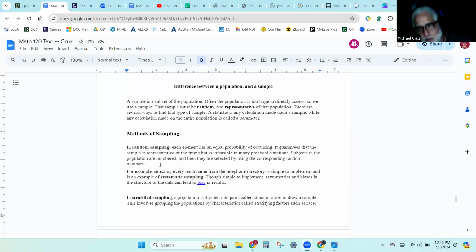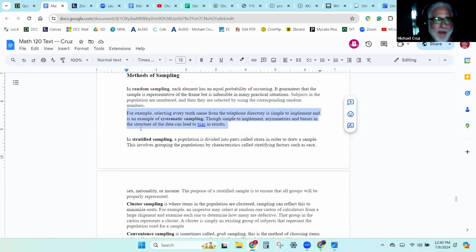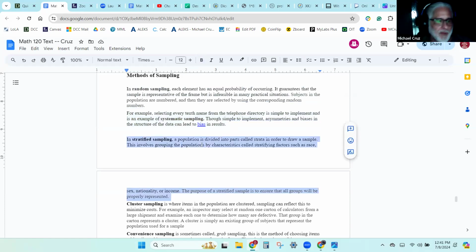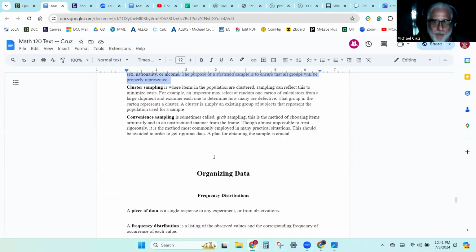There are different ways of doing it, but the goal is to have a random sample. There's systematic sampling. They don't mention too much about these in the material that I saw, so I'm not going to cover them much, but you may see some of these terms used, so that's why I'm going over them. There are different kinds of sampling. The most common, because it doesn't take very much work, is convenience sampling.